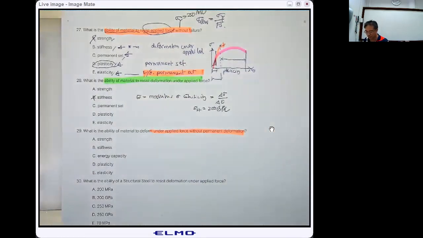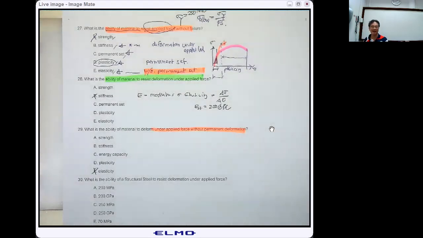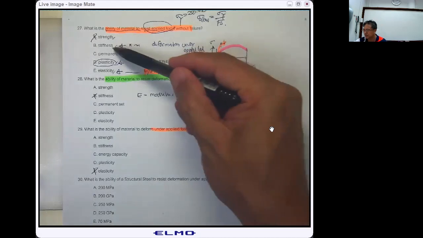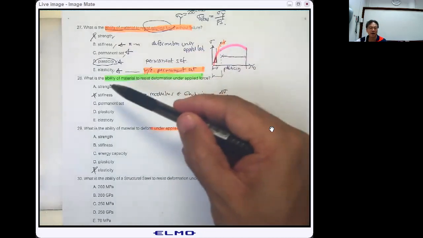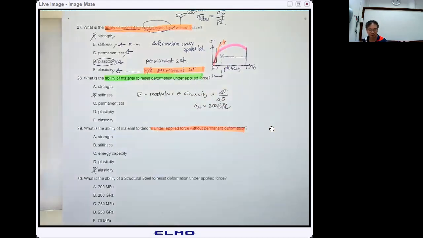So this is going to be the elasticity of the material. This is going to ask you to understand some technical terms about strength, about stiffness, about the plasticity, about the elasticity of the material.